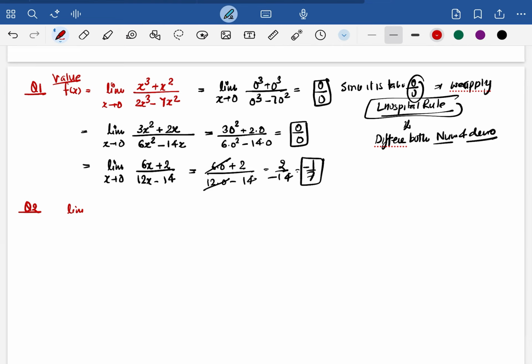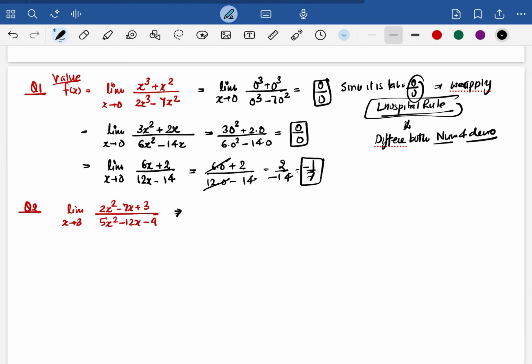Let's say limit x tends to 3, 2x square minus 7x plus 3, and this is 5x square minus 12x minus 9. So we have to calculate the limit at 3. Okay, so again first check whether it is satisfying the 0 by 0 or infinity by infinity form or not.